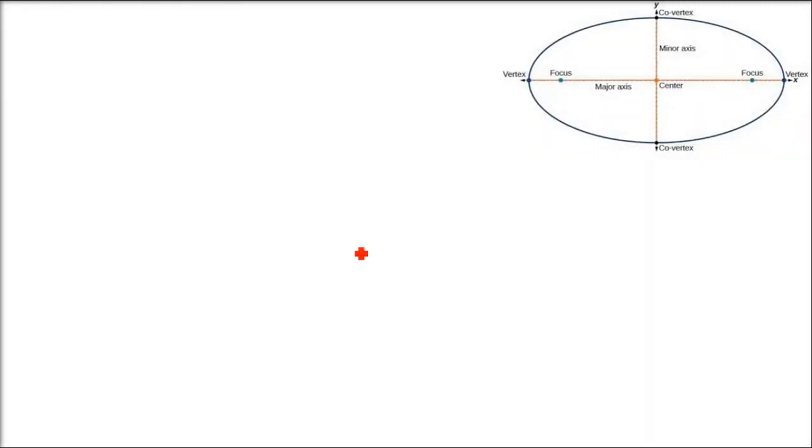Now let us take the different parameters of an ellipse. Let me start with the vertices. Vertices means the points which we showed you at that time, a and a dash. That is where the curve meets the line joining the foci s and s dash, called the vertices of the ellipse.